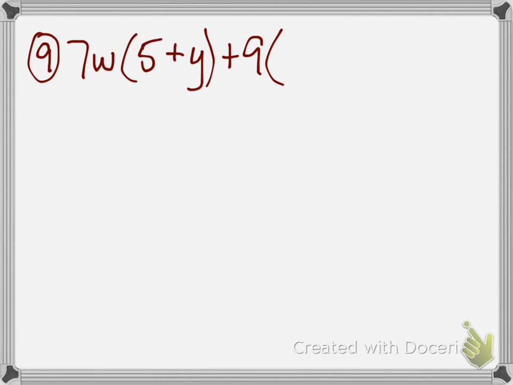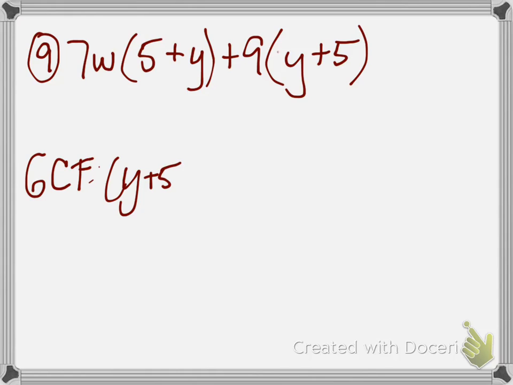Number 9. 7w times y plus 5. These originally said minus. I hope I remembered to tell you to change them to plus. If I didn't, do it now. So now, because it's addition, whether it's 5 plus y or y plus 5, it doesn't matter. That's my greatest common factor. I can factor out the y plus 5.